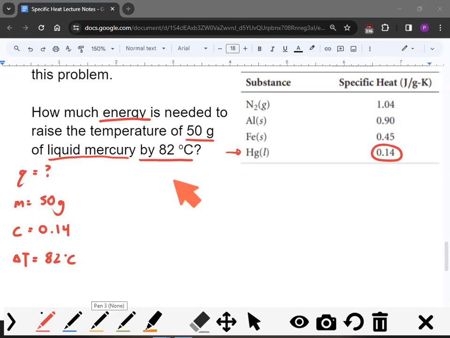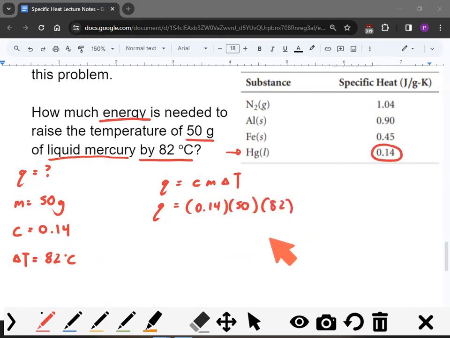All right, so we're going to be using the first equation, Q equals Cm delta T. So we just plug it in. We're looking for Q, so we'll leave Q like this. Our C is 0.14. Our M is 50. And then delta T is 82. The math is really easy here. We don't need to move anything to the other side of the equal sign. All we got to do is just straight multiply.